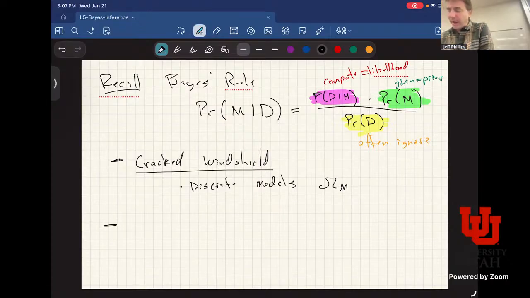Then we talked about the other example, which was maybe about the height, okay? And in the height example, we had a continuous space of the models.